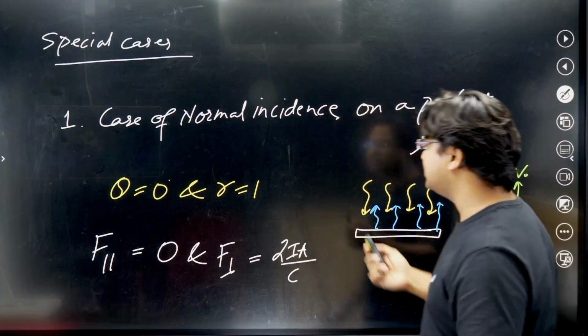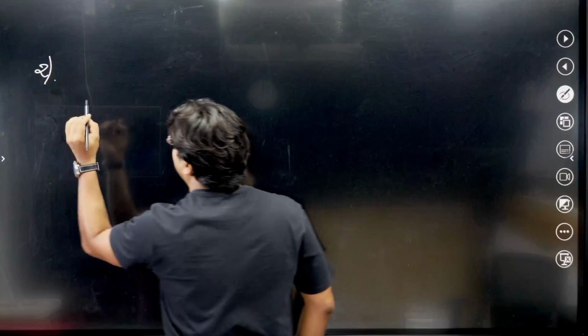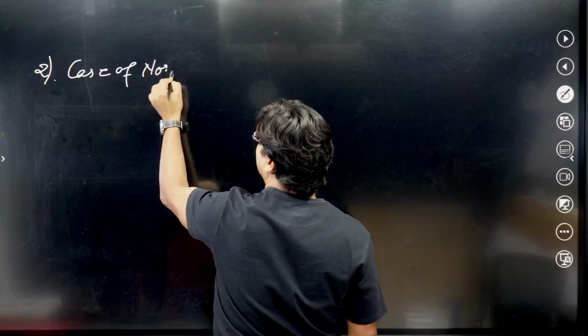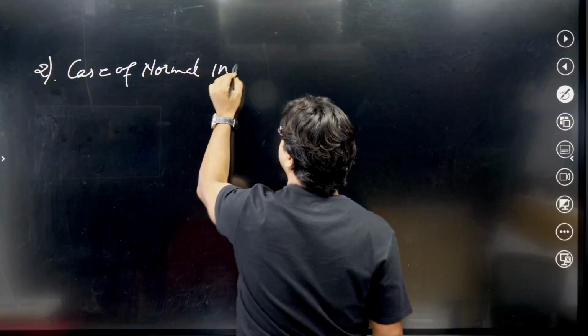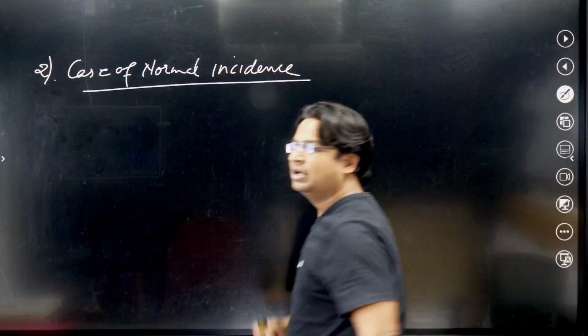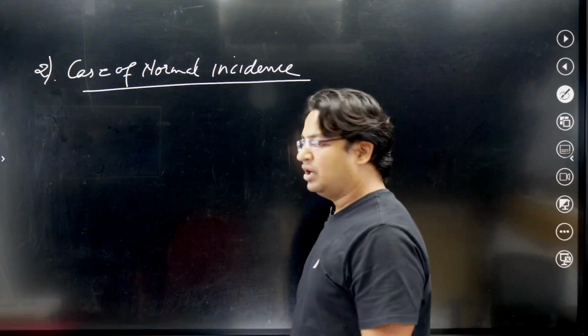In this situation, if I make certain changes, for example, let's keep normal incidence only, and we are not restricting the surface to a perfect reflector.